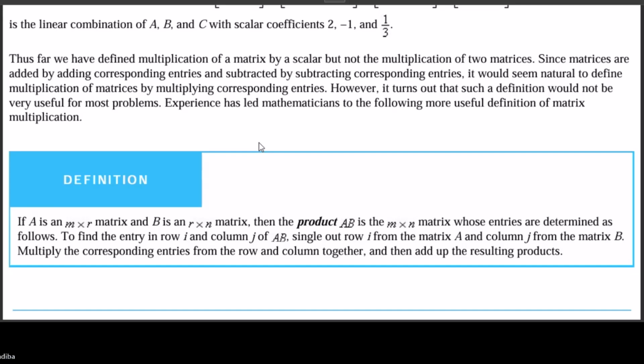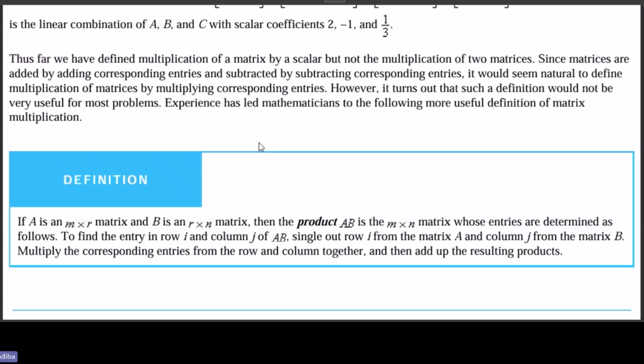Now, let's talk about this next definition. It says, if A is an M by R matrix, and B is an R by N matrix, then the product AB is the M by N matrix.